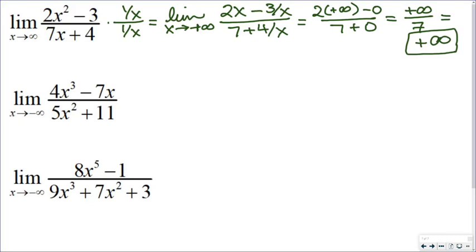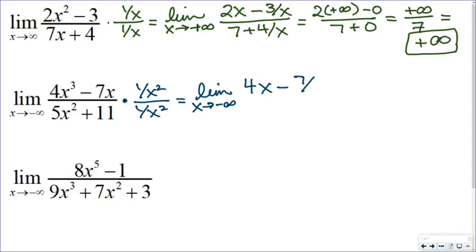On the next problem, I'm dividing by x squared. Again, the highest power of x in the denominator is x squared. Notice in this problem, x is approaching negative infinity. So when I divide by x squared, I get the limit as x approaches negative infinity of 4x minus 7 divided by x over 5 plus 11 over x squared.